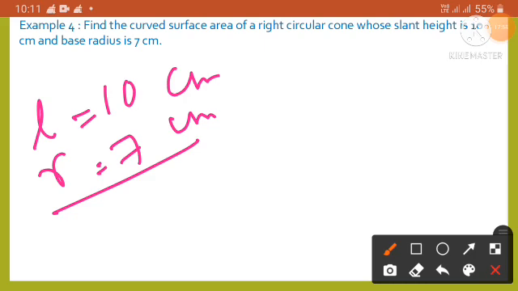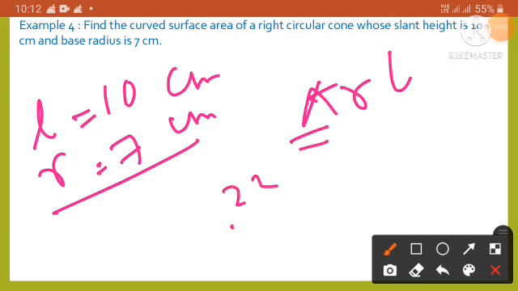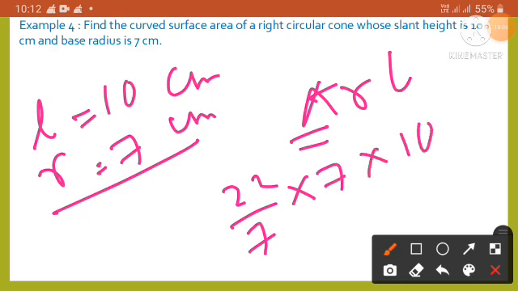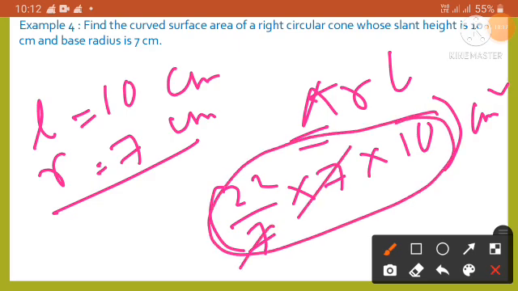So we know the curved surface area is equal to pi r L, and here we put the value of pi as 22 by 7, then the value of r is 7, then L is 10. Then outside the bracket it will be centimeter square, as it is the area. So here we can cancel and we will get 220 centimeter square for the curved surface area.